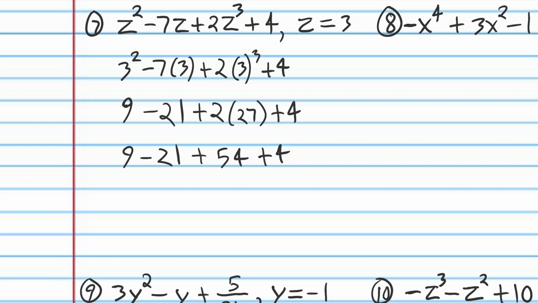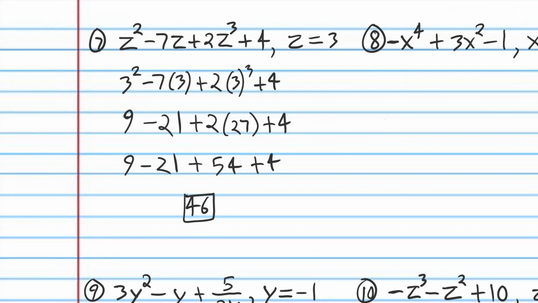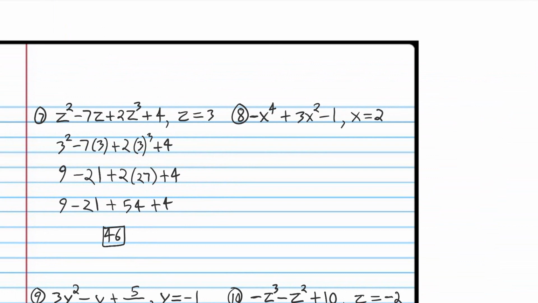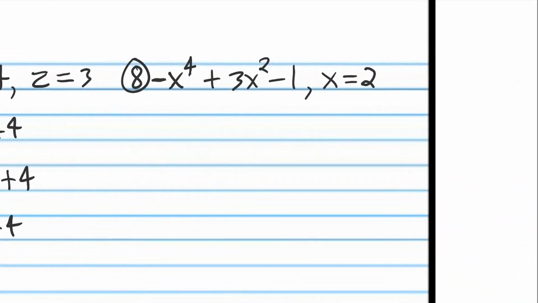So 9 minus 21 is -12. -12 plus 54 is 42, and 42 plus 4 is 46. So if you got 46, good job. All right, try number 8, and when you come back, we'll do it together.